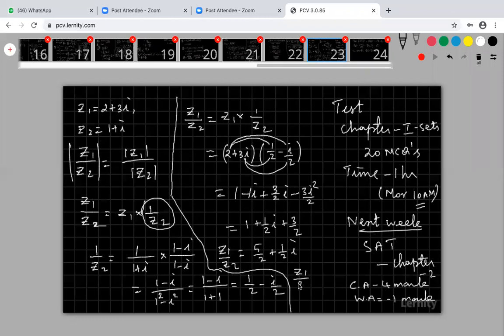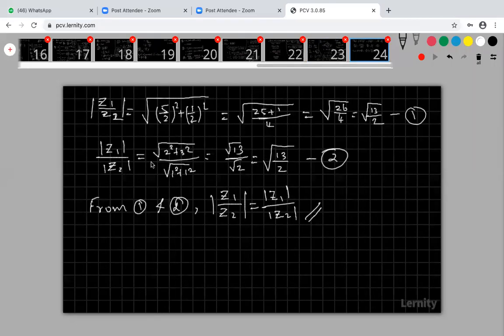Z1 by Z2 conjugate is nothing but 5 by 2 minus 1 by 2i. If 5 by 2 plus 1 by 2i is the complex number, then the conjugate is 5 by 2 minus 1 by 2i. Are you clear? This is also true, right?